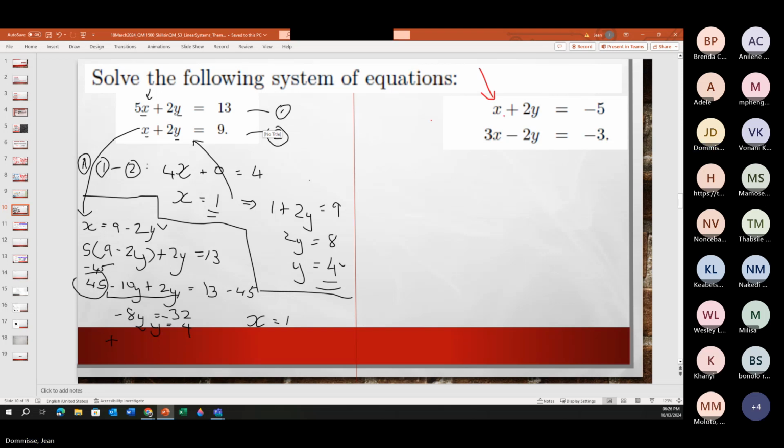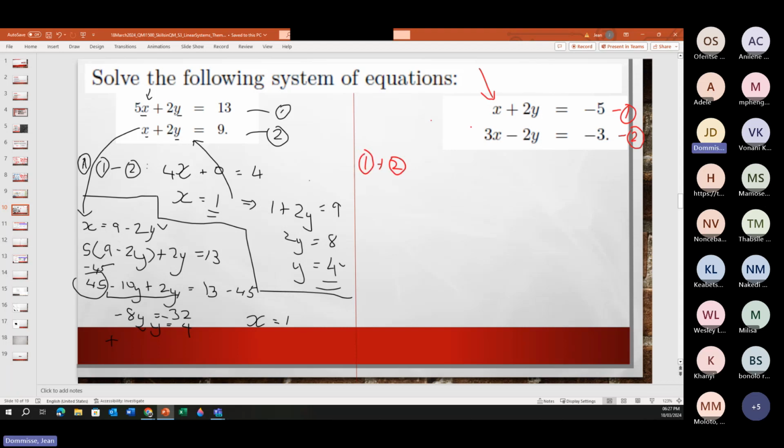So if I look at this and I mark that one as 1 and that one as 2, I see something nice here, that again the y's can maybe cancel out. So where the first one was 1 minus 2, I would now say, okay, let's say 1 plus 2.